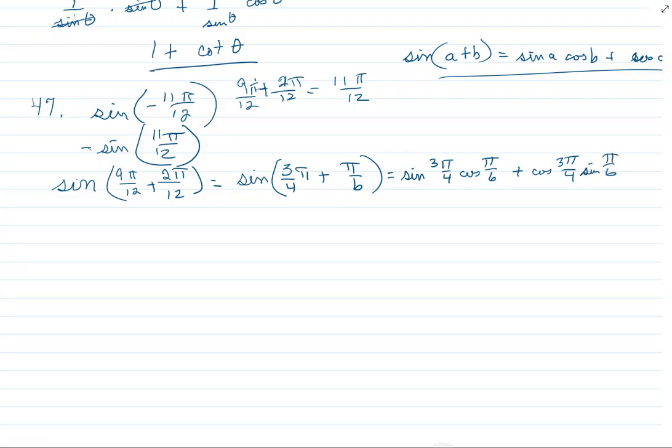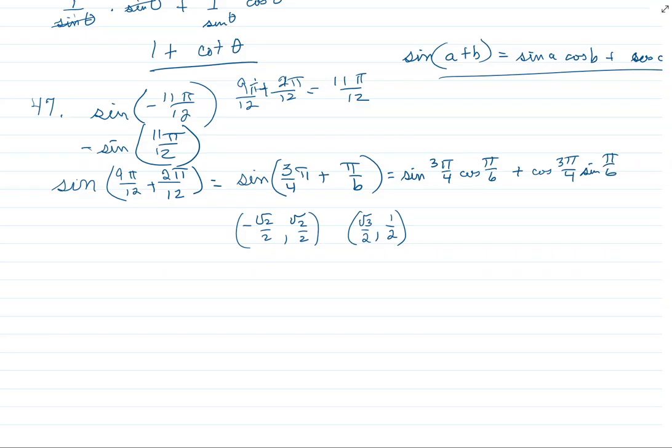Okay, on 3 pi fourths, that's at negative square root of 2 over 2 and square root of 2 over 2, because sine is positive. And on pi 6, they're both positive. It's quadrant 1. So that would be the square root of 3 over 2 and the 1/2.